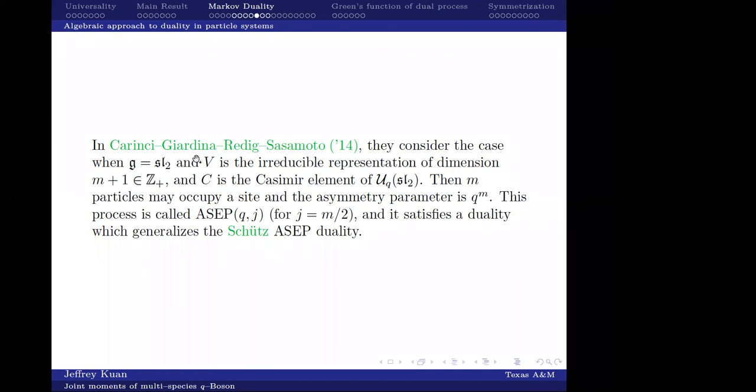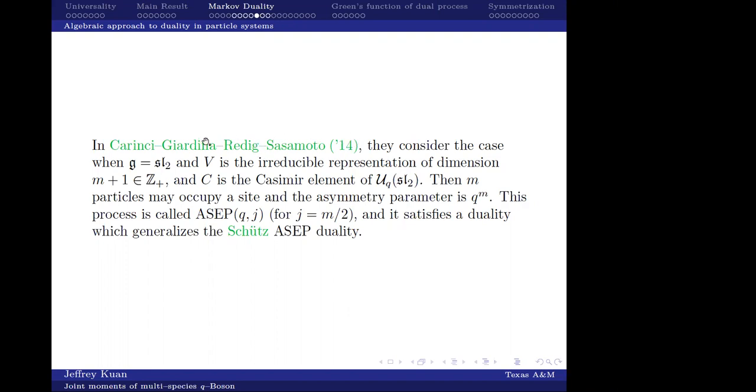Natural step is, well, they give this framework where instead of considering SL2, you consider an m+1 dimensional representation. So now you can have m particles occupying a site. So I guess this is neither fermionic nor bosonic, I suppose. And the asymmetry parameter is Q to the m.